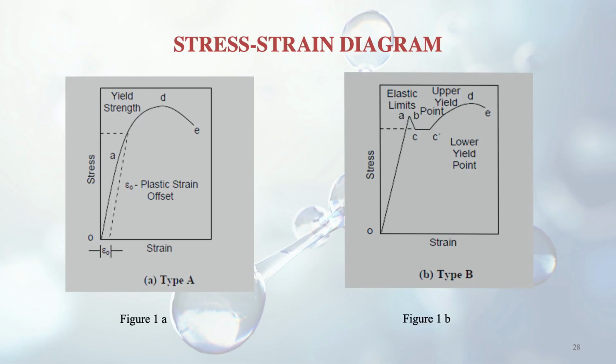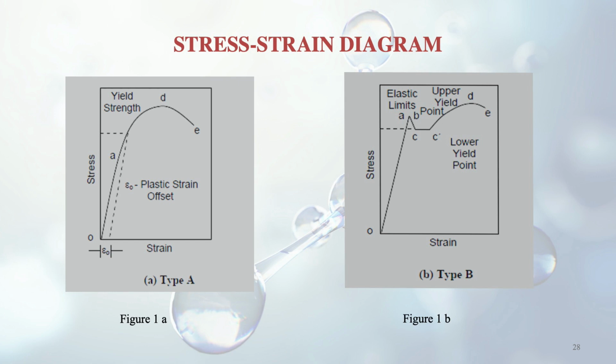So here is the stress-strain diagram. There are two types of materials, type A and type B. In type A, generally aluminium and all those materials, steel is also coming in, but in type B especially the stainless steel and structural steel are coming. In type A, you can see as soon as the stress is increased, the strain increases, and the relation is linear up to a certain point.